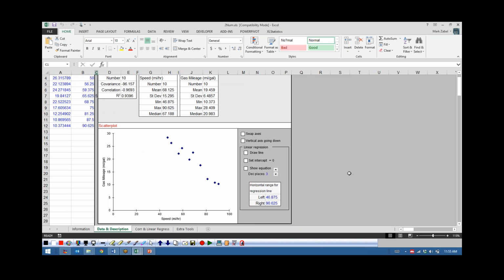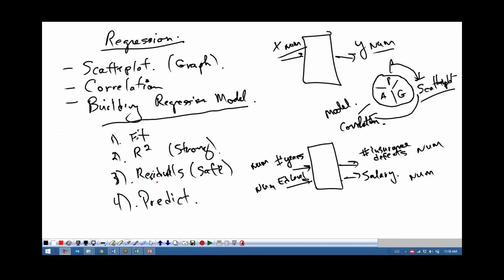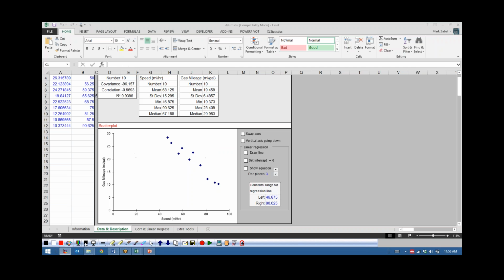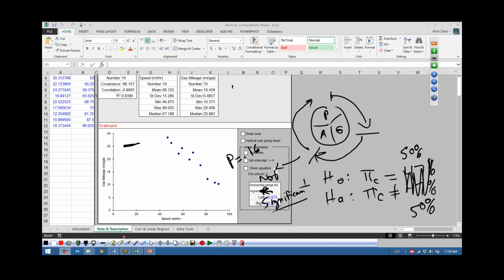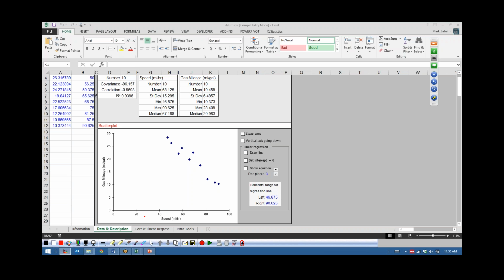This is the way that I first look at a scatter plot. I start out by saying, are there any outliers? I'm just going to walk through this myself first. Now, I don't see any outliers here.